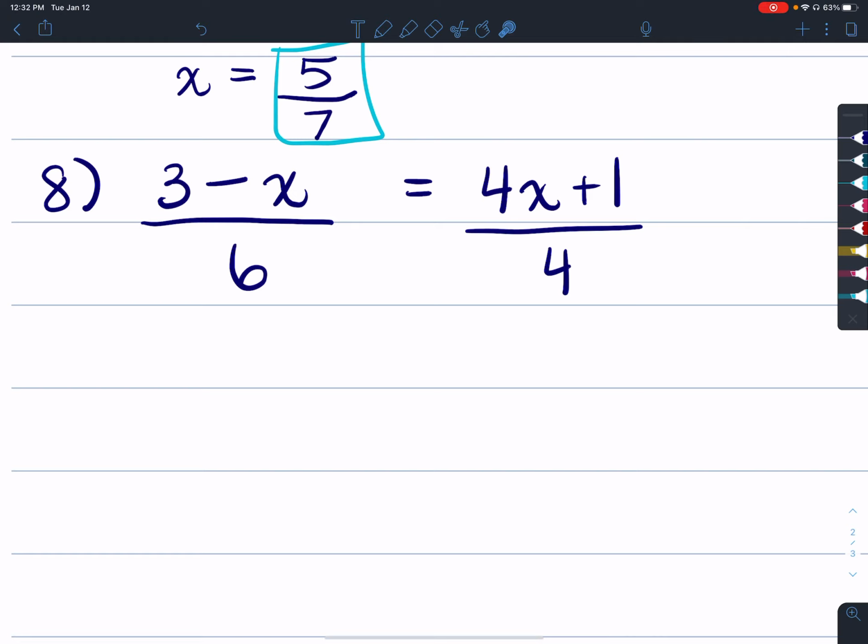That entire thing is getting divided into 6 pieces. We don't want it cut up into 6 pieces. We kind of want the whole thing. So we're going to multiply the whole thing by 6. And since we're doing that over here on the left side, we have to do the same thing to the right side. So I'm also going to multiply the right side by 6.